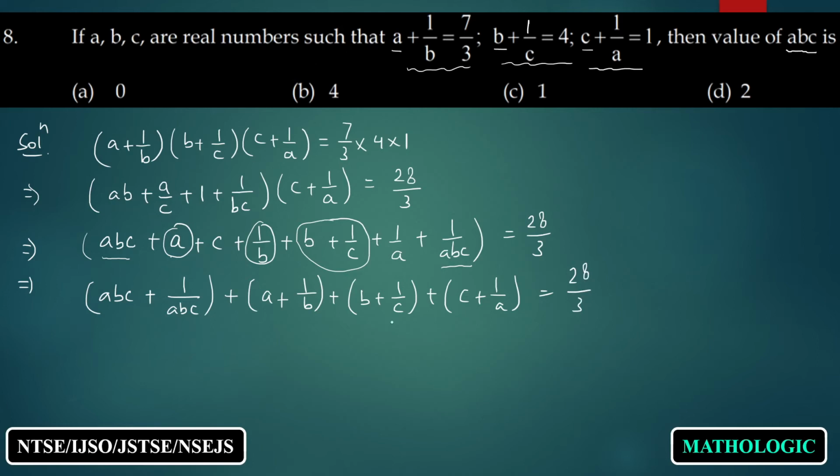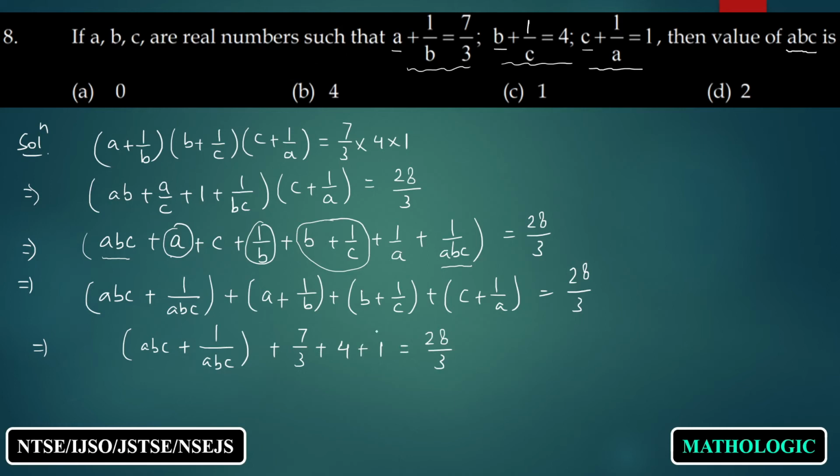Now substituting all these three values from the given equations, we can write ABC plus 1 over ABC plus A plus 1 by B is equal to 7 by 3, plus B plus 1 by C is equal to 4, plus C plus 1 by A is equal to 1, and this whole is equal to 28 by 3.